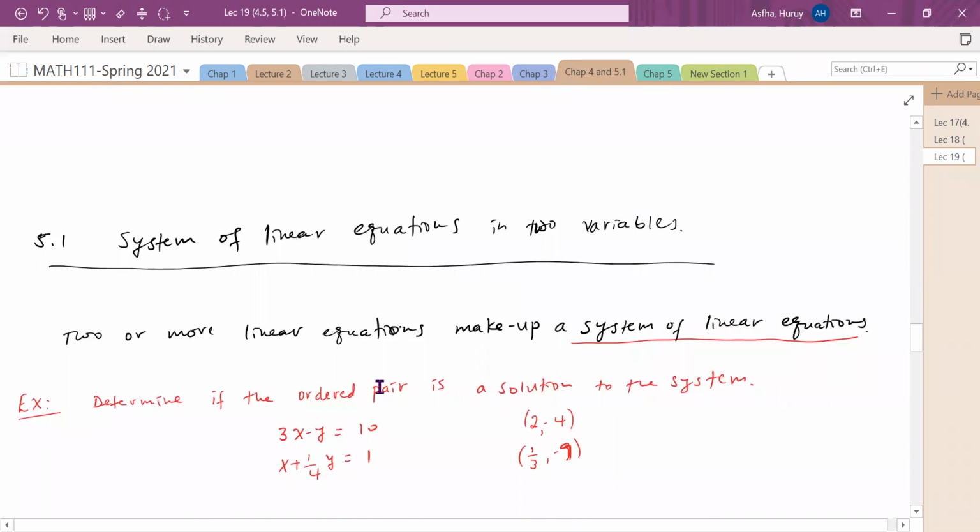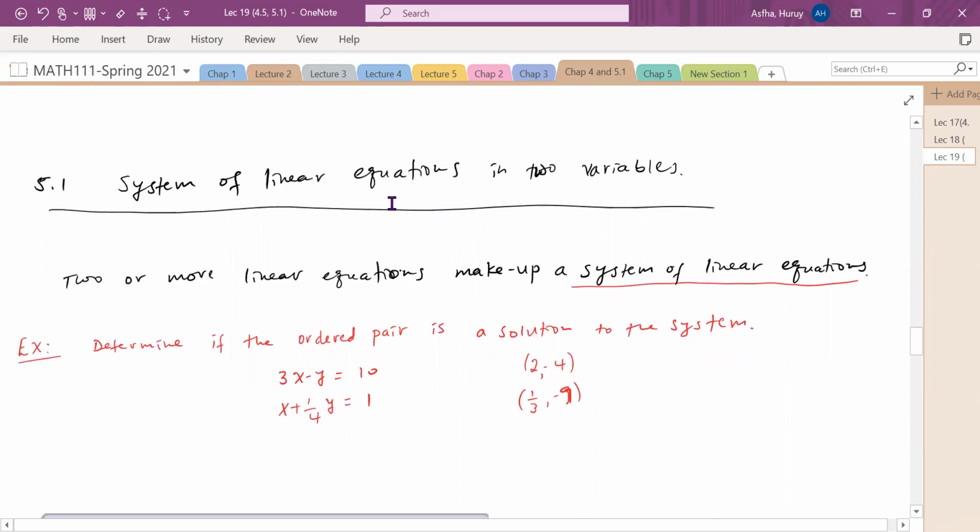All right. And the next topic is system of linear equations. This is from chapter 5, section 1. System of linear equations in two variables basically is, well, the first thing that we should know is what a system of linear equations is, or what a system of equations is in general.